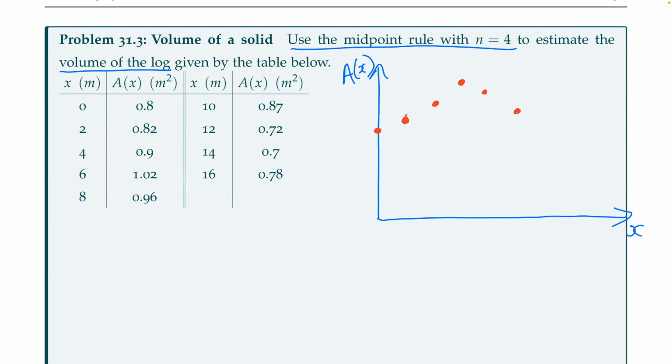It doesn't have to be perfect. Something like that. Okay. And then these are taken at equal intervals from 0, 2, 4, 6, 8, 10, 12, 14, and 16 meters.